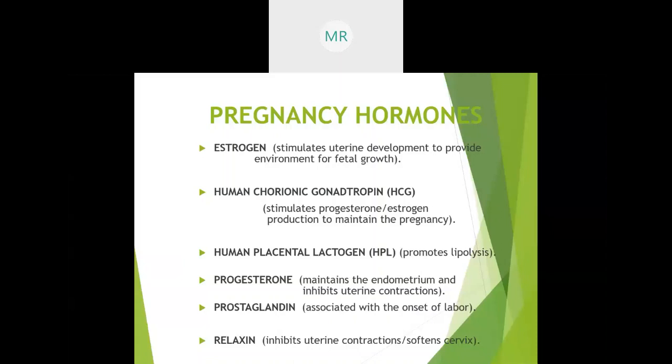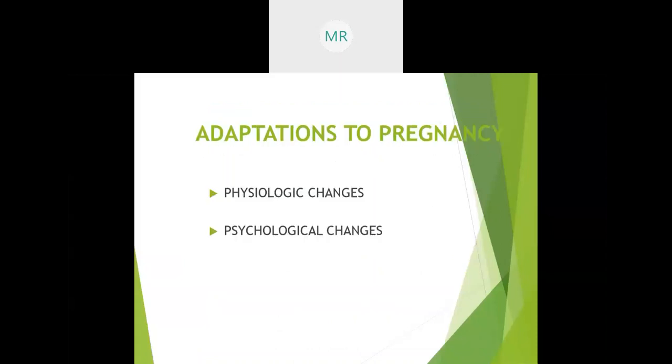So you will hear a lot about hormones as we go into the following lectures. And you will hear me say a lot, thank you to estrogen and thank you to progesterone for a lot of things, because yes, these levels are very important to maintain a pregnancy.